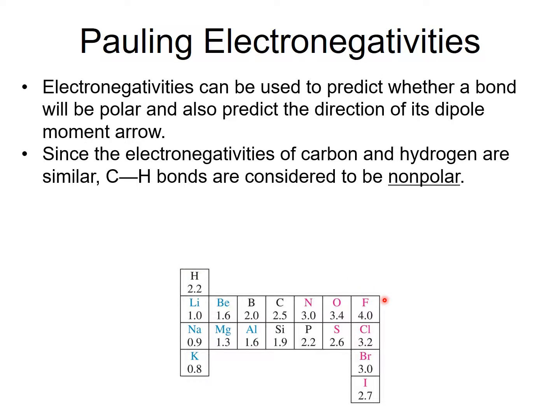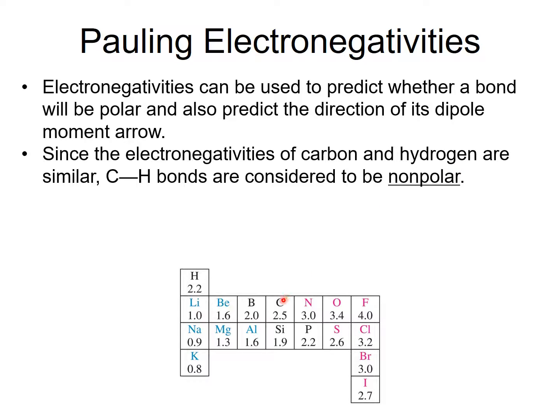All you have to really remember is that nobody memorizes electronegativity charts. However, you do need to memorize this: carbon at 2.5 and hydrogen at 2.2 have almost the same electronegativity. So when you look at carbon-hydrogen bonds, you are to consider them to be nonpolar.